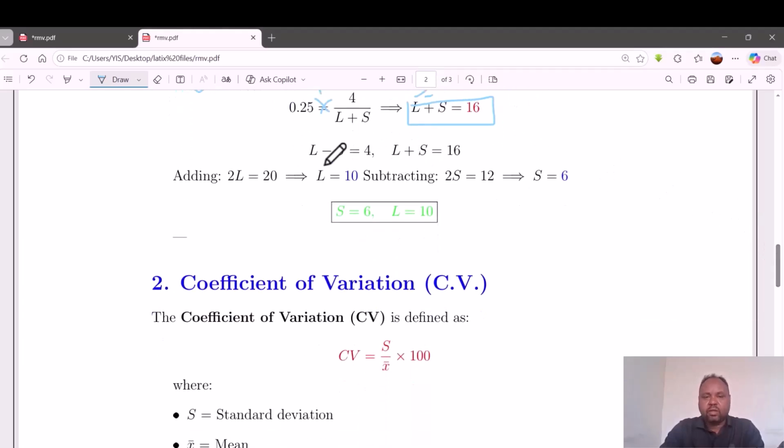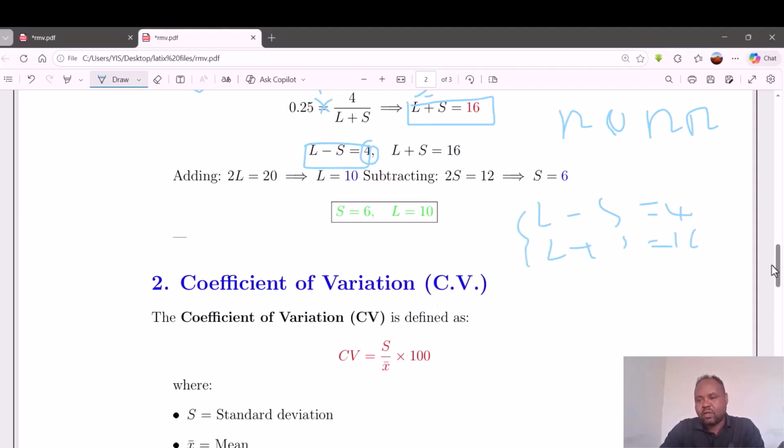We know that the range is given by the difference between the largest and the smallest value, so the range value is 4. From these two formulas, R and RR, we come up with two equations with two unknown variables. One equation is L minus S equals 4, and the other is L plus S equals 16.